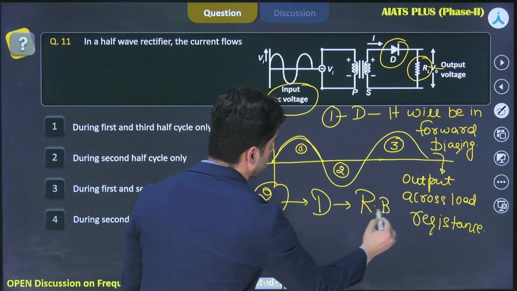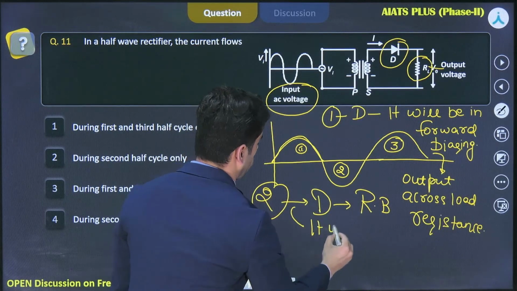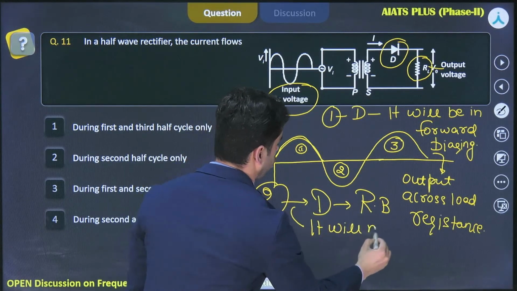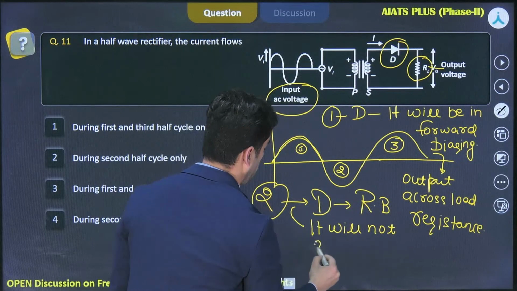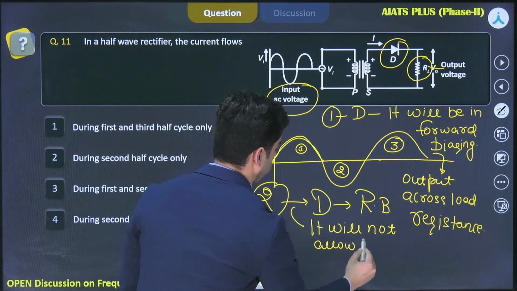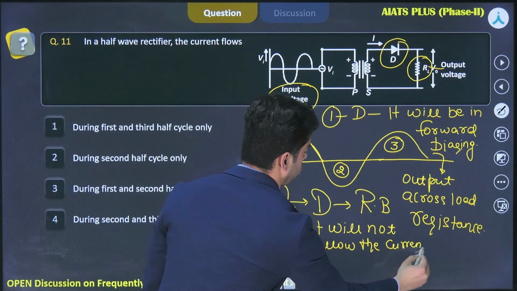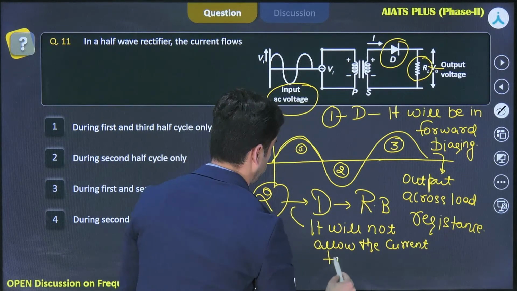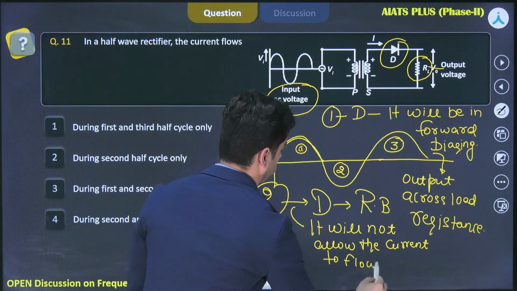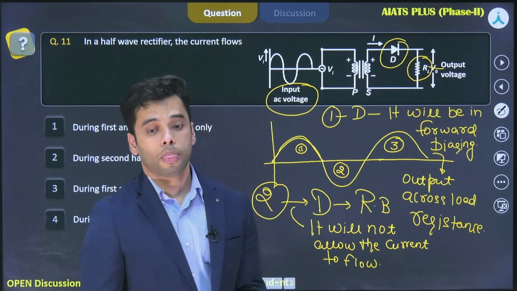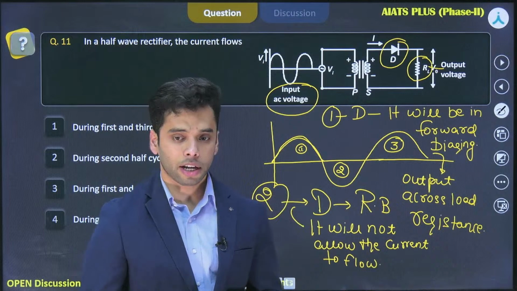That means it will not allow the current to flow, so the output comes only for every half cycle of the input signal.